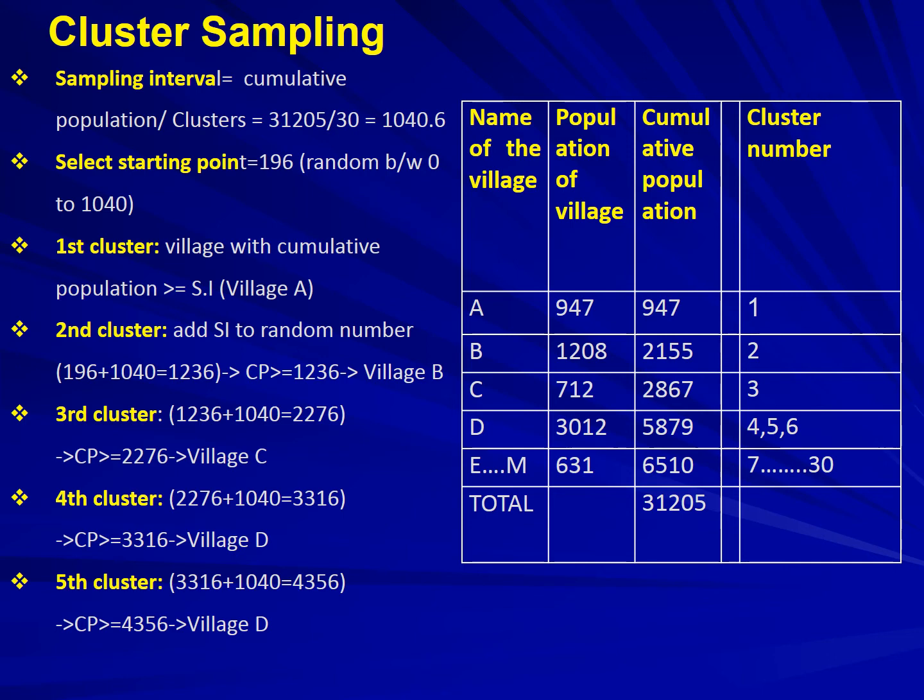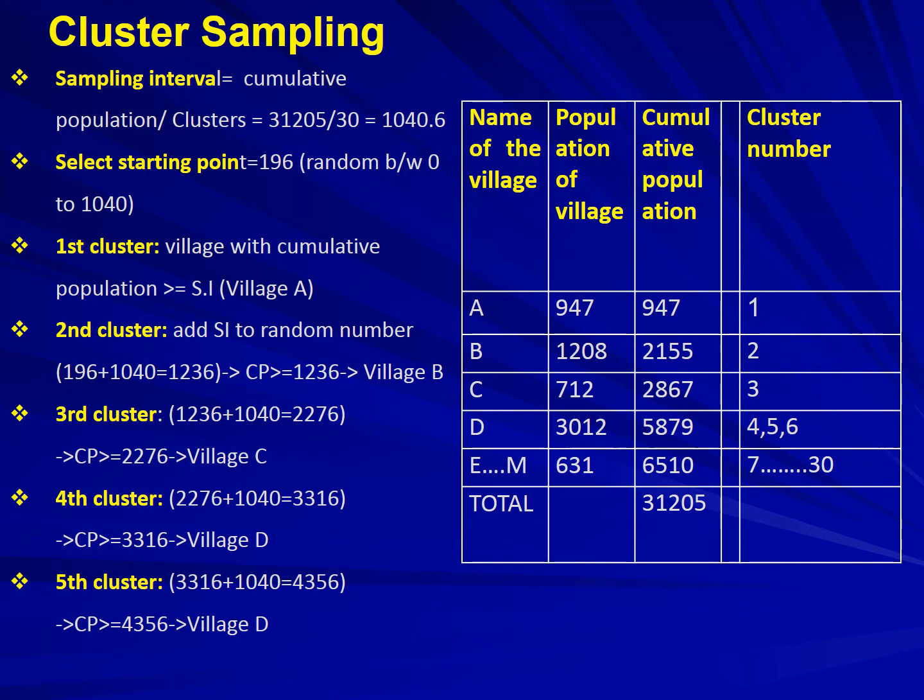Whichever village has the cumulative population more than or equal to 196 is your first cluster. So in our example, village A is your first cluster. Now you have to select the second cluster. How? Pay attention.